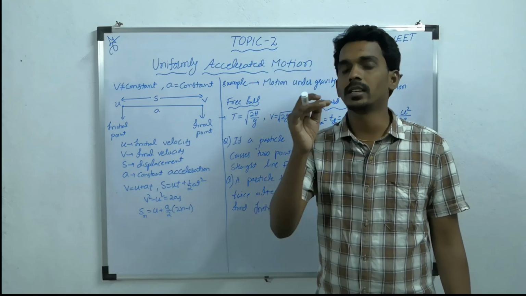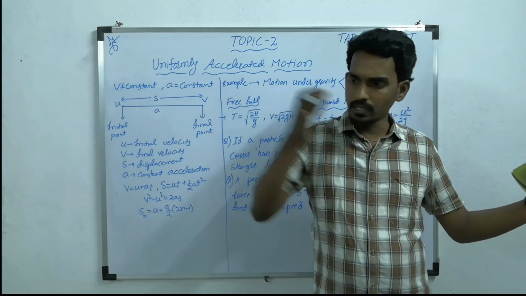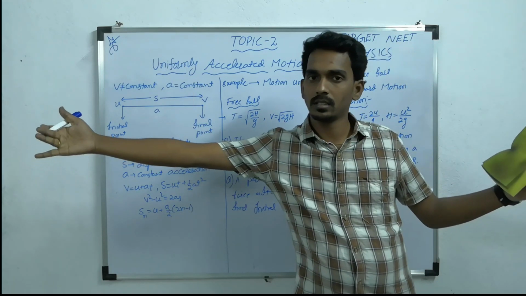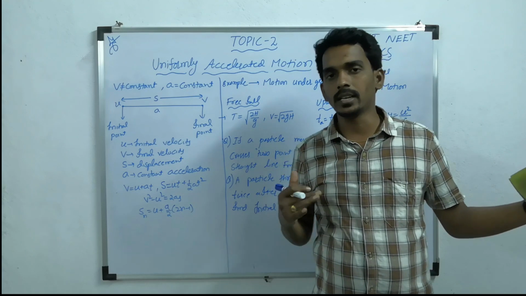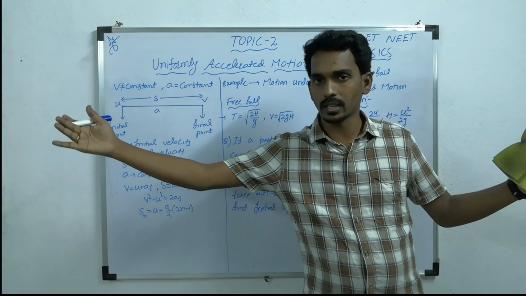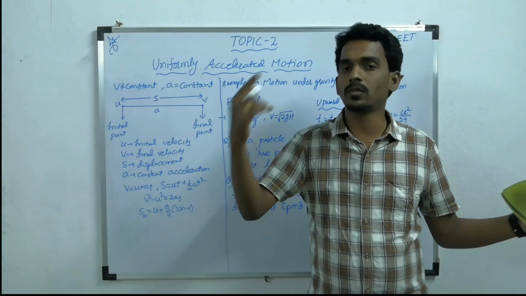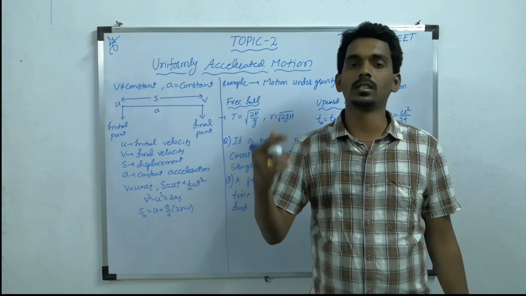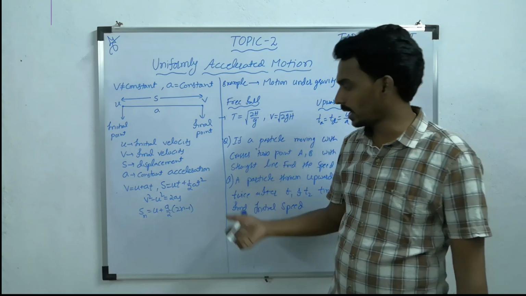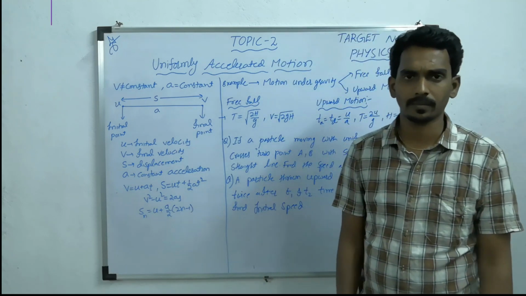S is the distance travelled in 3 seconds, like first second, second second, third second. But Sn is the distance travelled in the third second, not in 3 seconds. After 2 seconds, the distance travelled in 1 second, that is called the third second. Like that, for the nth second, the distance covered formula is this one.